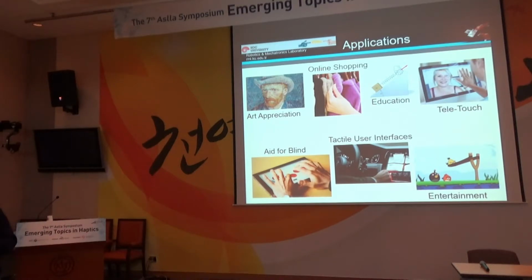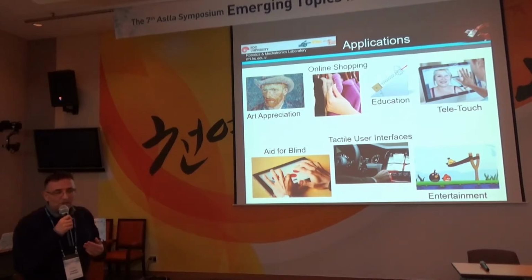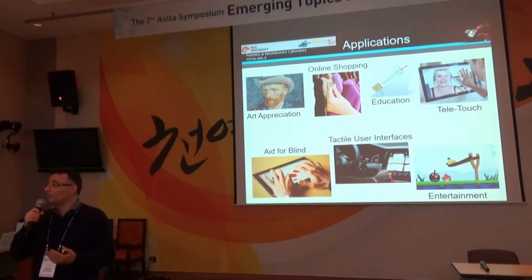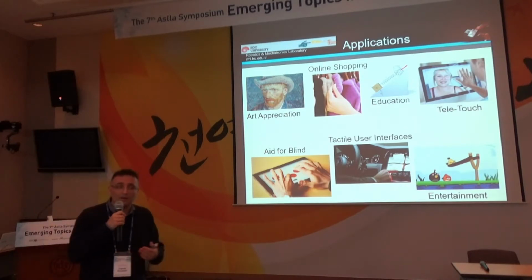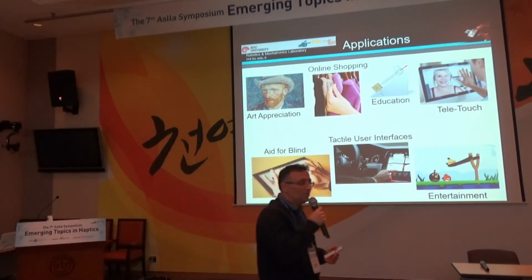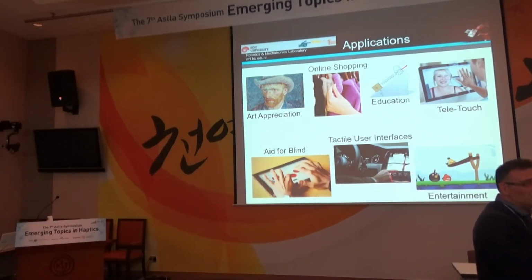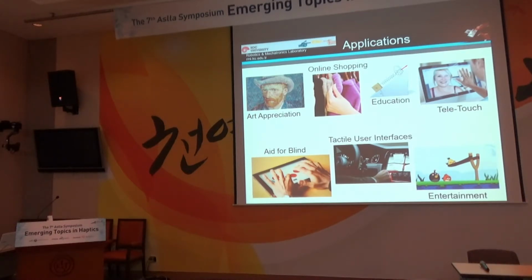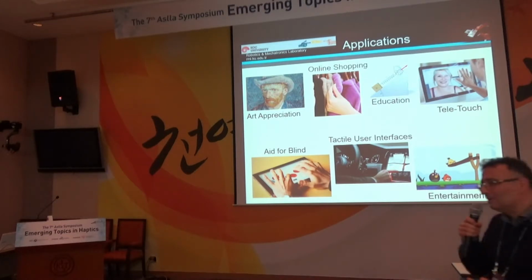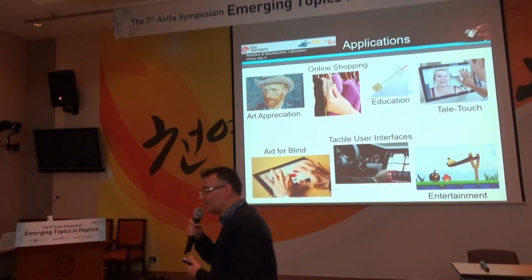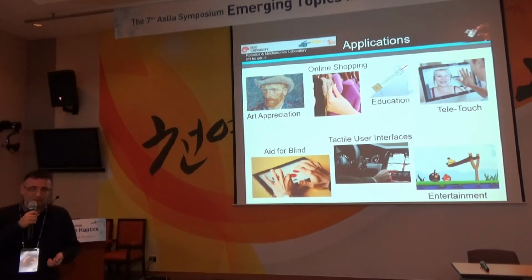Because I can modulate the friction on the surface, I can display shapes on the surface of the touch screen, and that enables blind people to feel shapes and to appreciate some graphical information, like bar charts or pie charts. Currently the only interface for blind people is the Braille alphabet. They can read text using Braille, but they cannot really feel shapes or objects they see on the screen. Well, they don't see on the screen, sorry.